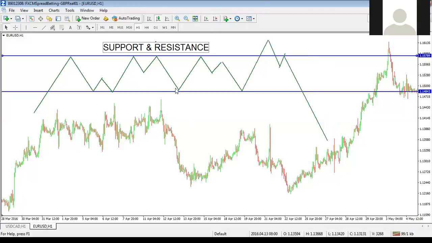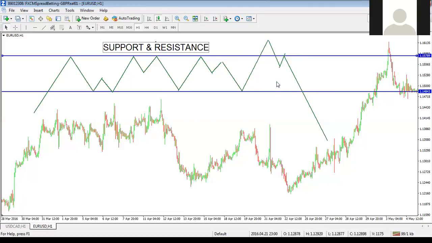So if you do want to trade a support and resistance zone, I normally give it a good 20 pips out of each zone, just to be wary of these. And again, if you are trading a support and resistance zone and you have a pending order, it gets hit and it goes back down to the downside, that's just how the market is.